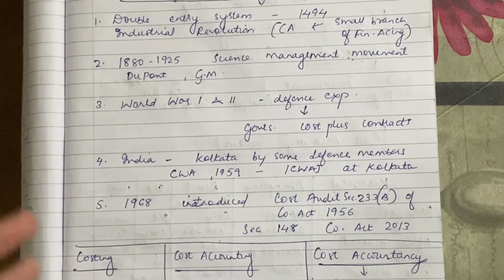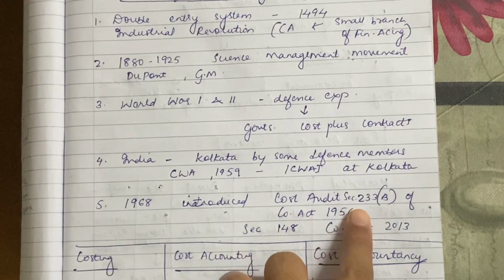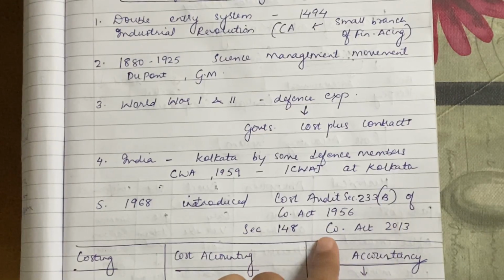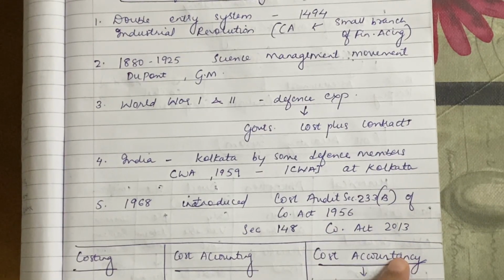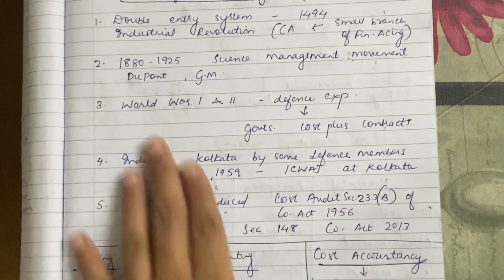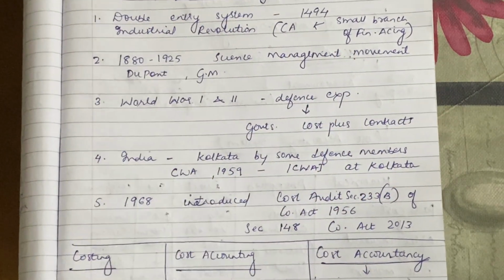The evolution was progressive, as the Companies Act 1956 introduced cost audit under section 233B, and in Companies Act 2013 the section was changed to 148. So this is the evolution of cost accounting.